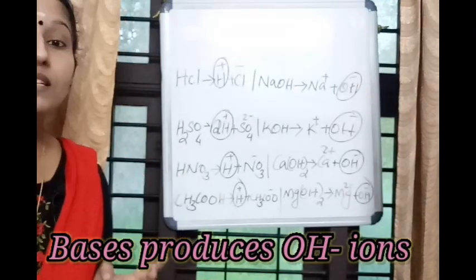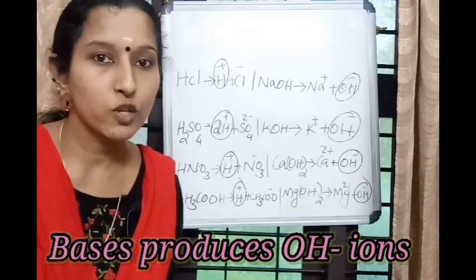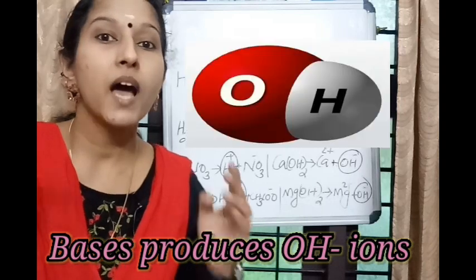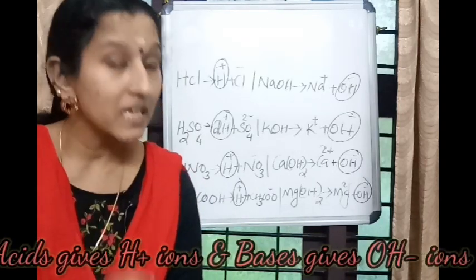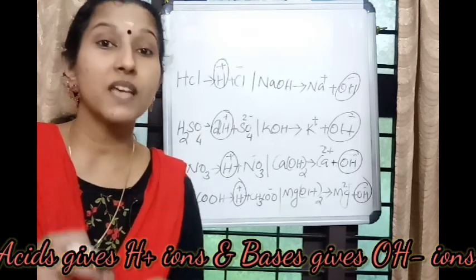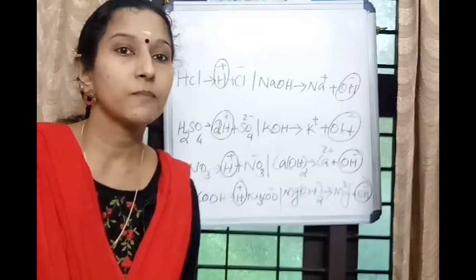So bases are the substances which give or produce OH- ions. So what are acids? Acids are the substances which give or produce H+ ions, and bases are the substances which give OH- ions.